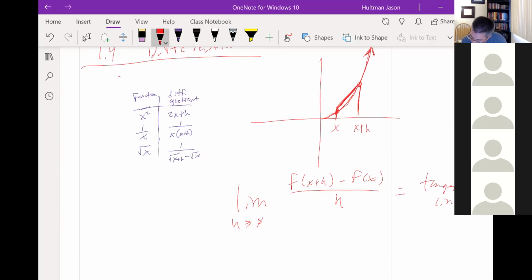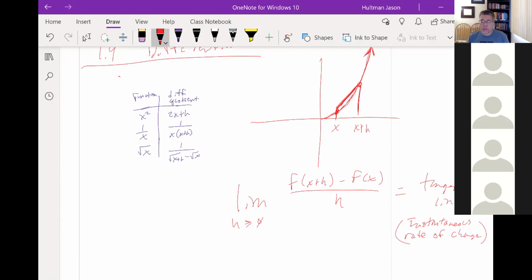That tangent line also has another description. It's called the instantaneous rate of change.